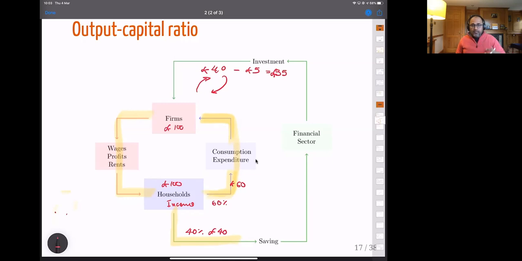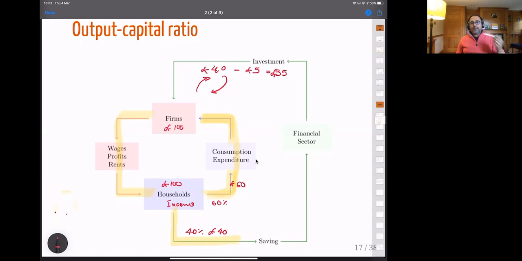And from this, you can already see where economic growth is coming from. Economic growth is coming because each period, the leftover output that is not consumed and that doesn't go to depreciation becomes capital stock.